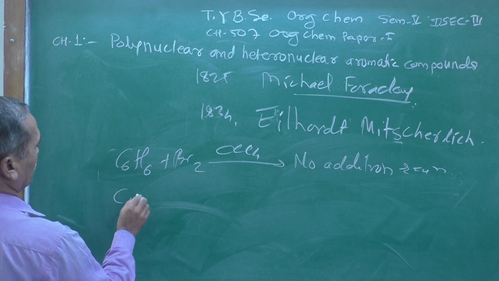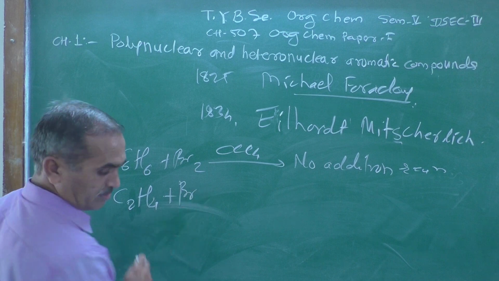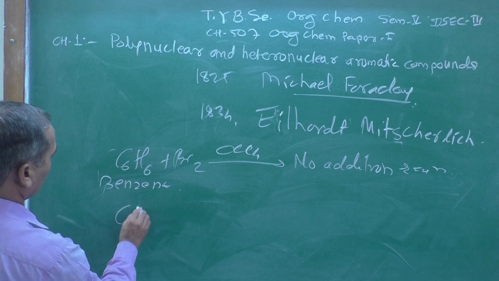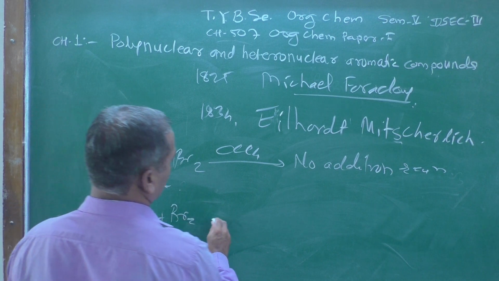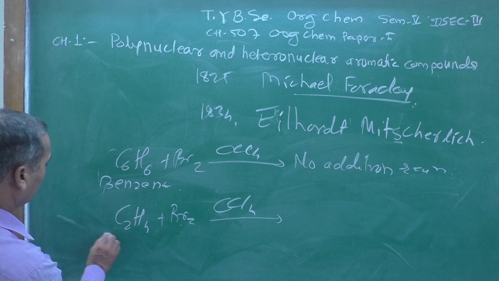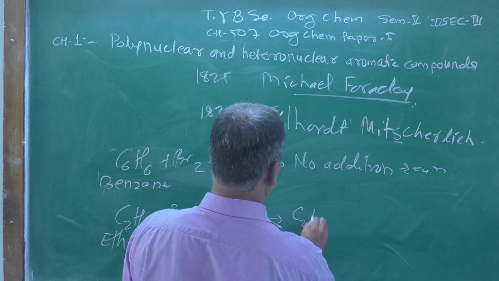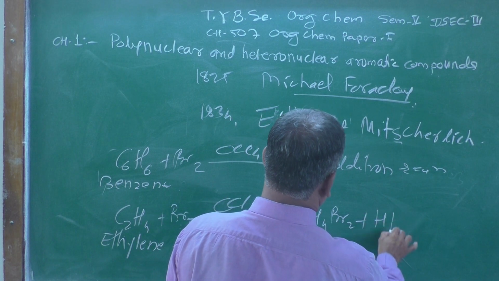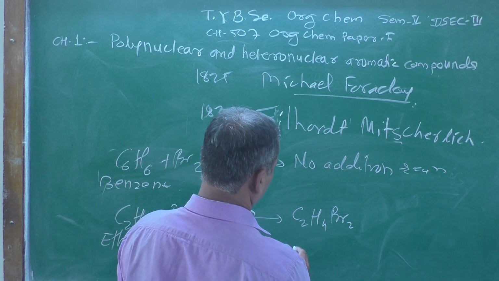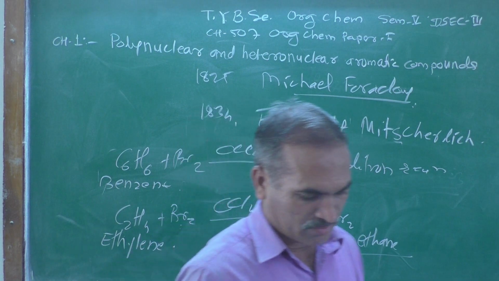But if you take C2H4, that is ethylene, and treat C2H4 plus Br2 with CCl4, once again carbon tetrachloride, which is brown in color, this is ethylene or ethene, and you will end up with C2H4Br2, that is dibromoethane, that is the product formed.